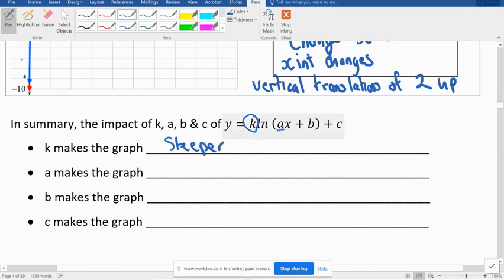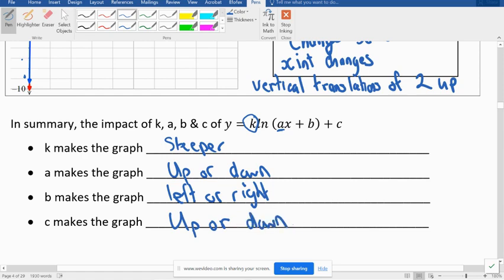A, that's the one we just talked about before, is up or down. B is left or right. And C is up or down. I'm just going to keep them simplified there. When we do the examples on the next page, it will be a bit more complex.